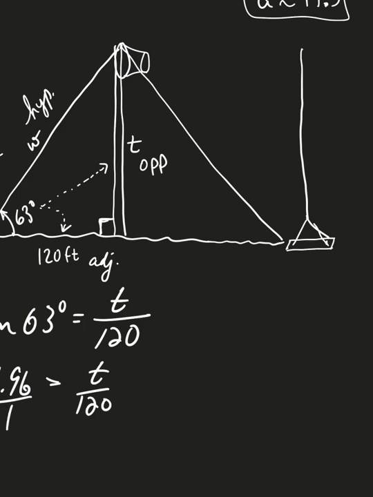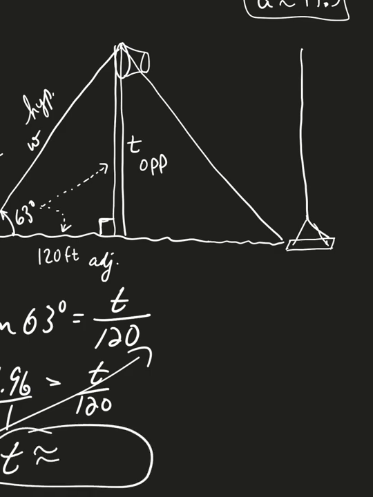We think of it as a fraction by putting it over 1 and cross multiply. So 1 times t, and then 1.96 times 120 equals 235.2. Well done. So that would make our tower 235.2 feet tall.